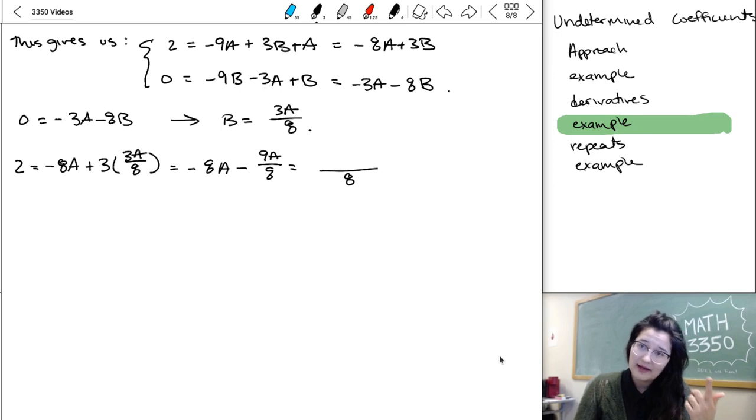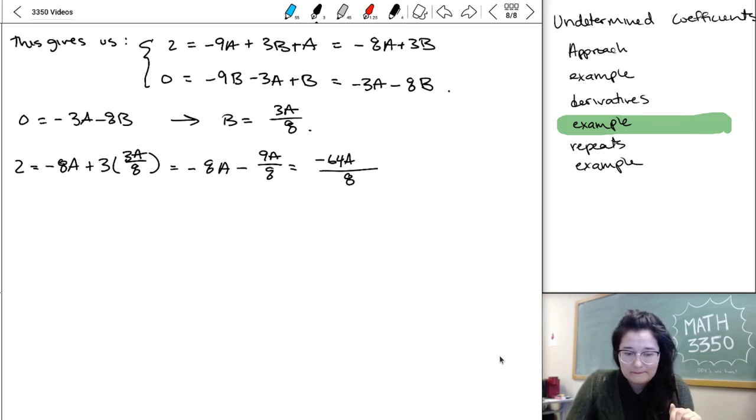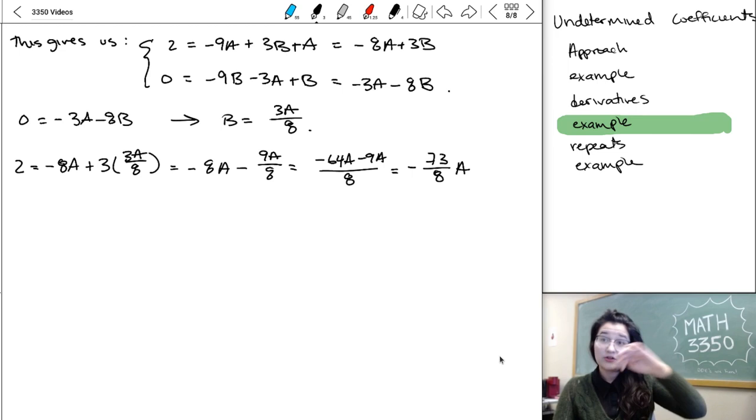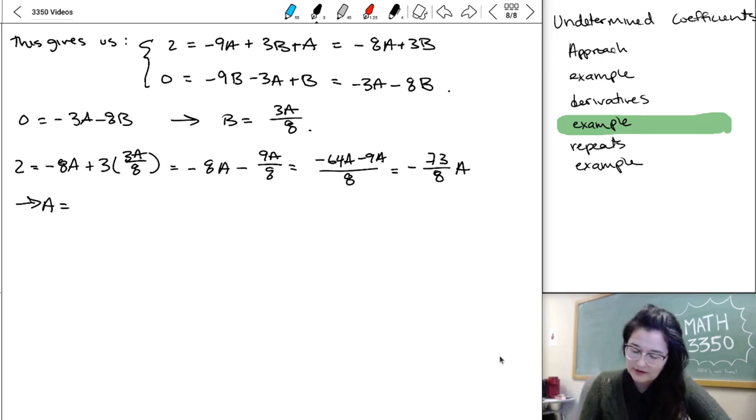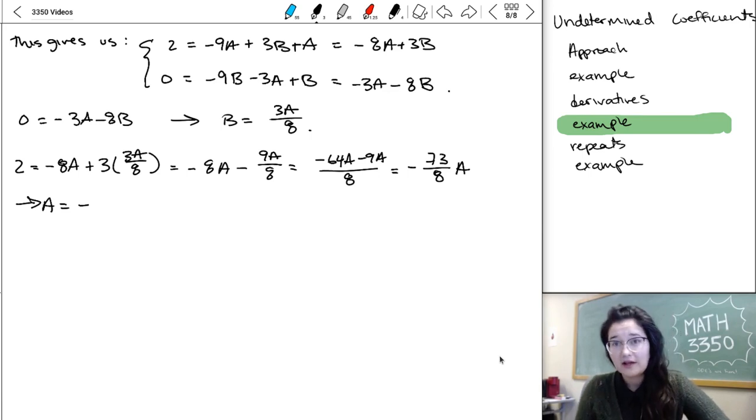So up top, my minus 8a becomes minus 64a, because I have to multiply by 8 to add it to the fraction, minus 9a, which is minus 73 over 8 times a. That's equal to 2. So when I move that fraction over, I get that a is equal to minus 2 times 8 divided by 73, or minus 16 over 73.